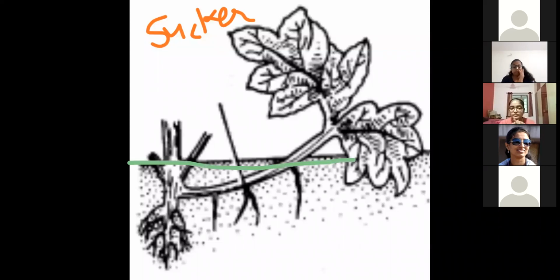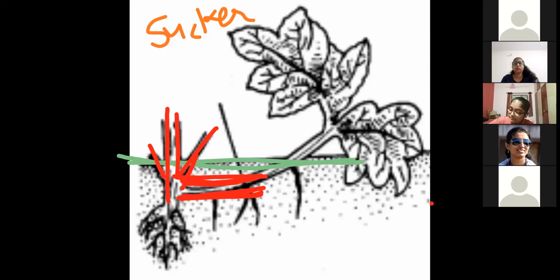This is the soil surface. Main plant body over here. Underground stem branch. Remember, first understand, underground stem branch grows first horizontally, then obliquely, and comes upward.